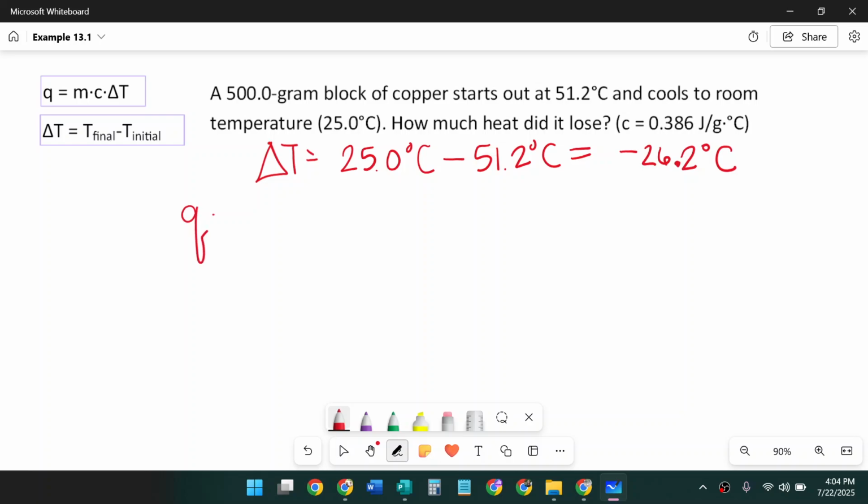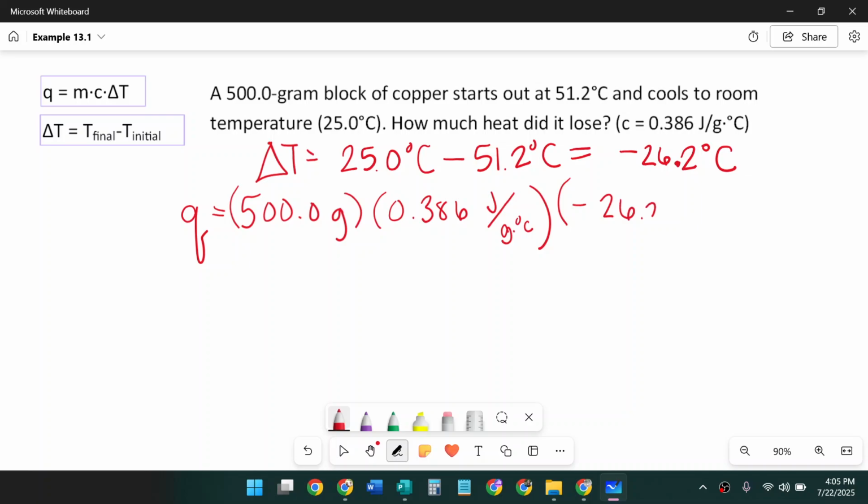So Q equals, the mass is 500.0 grams. Our C is 0.386 joules per gram times degrees Celsius, and times the change in temperature, that's negative 26.2 degrees Celsius. Let me switch colors so we can see.